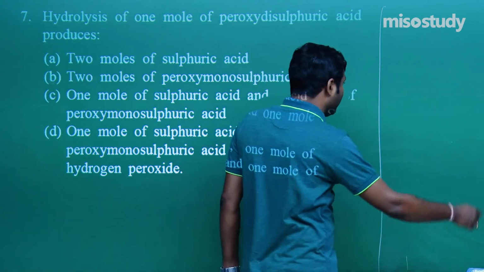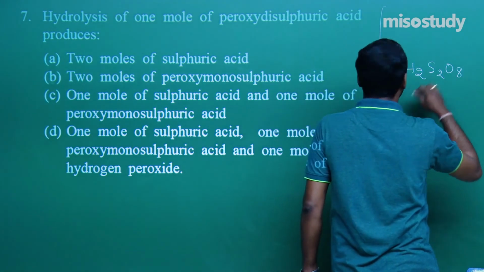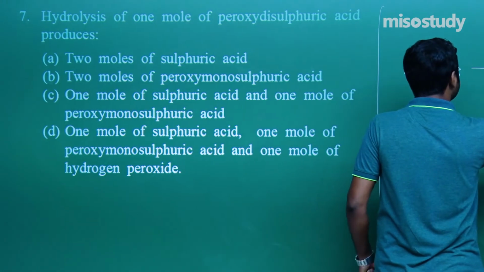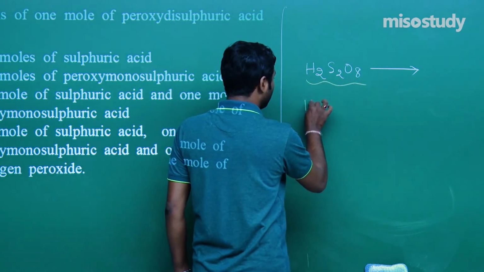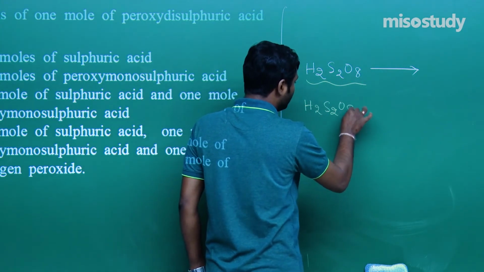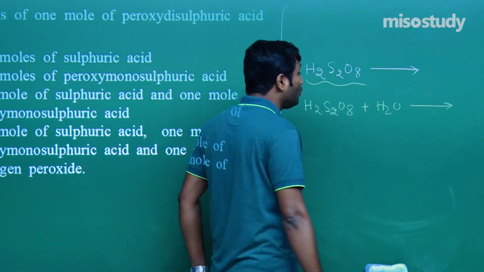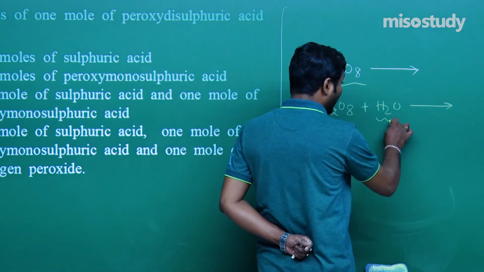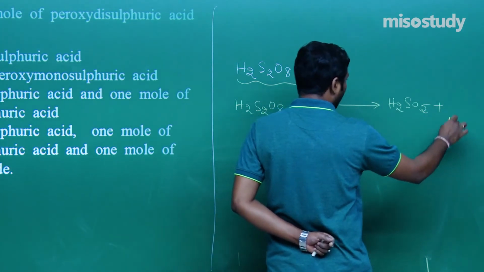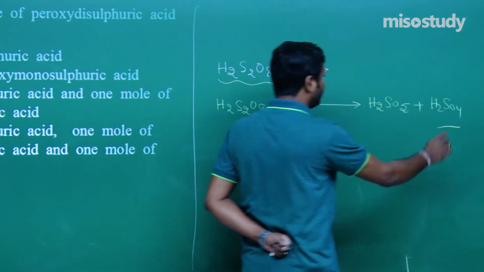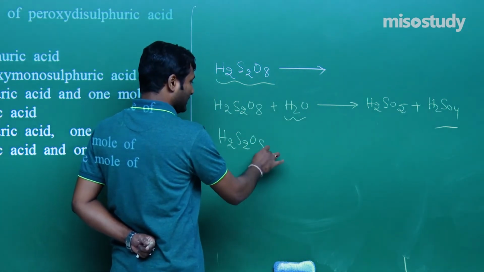Why is this one slightly calculative? H2S2O8 is peroxydisulfuric acid. Hydrolysis is the reaction of H2S2O8 with water. Now there are two cases possible. First, on hydrolysis it gives you H2SO5 and H2SO4. Yes, you are completely correct, but the answer changes according to the next situation.